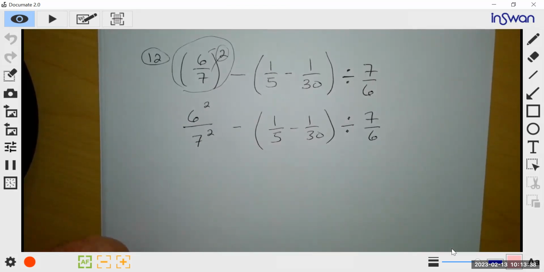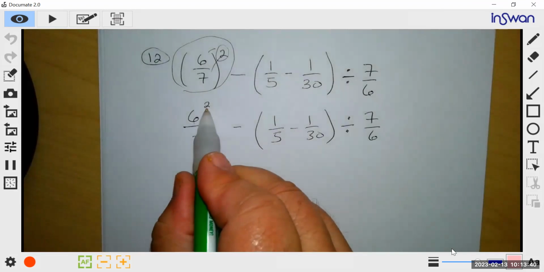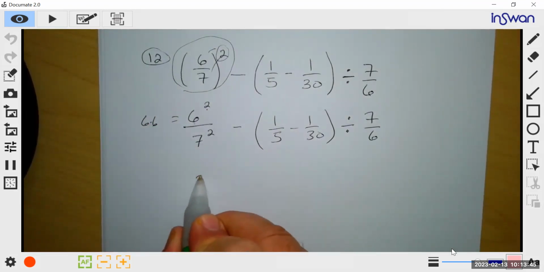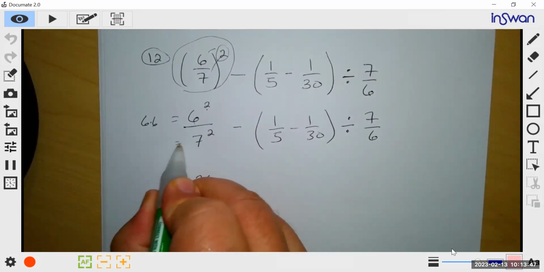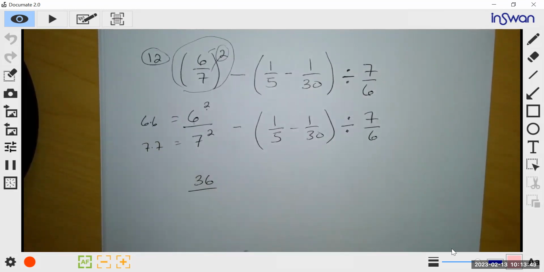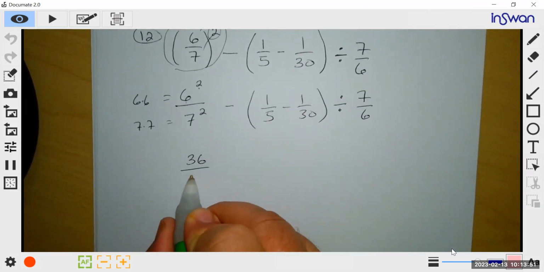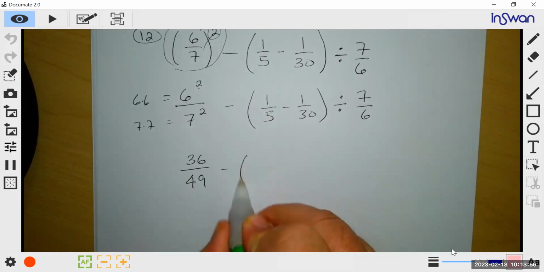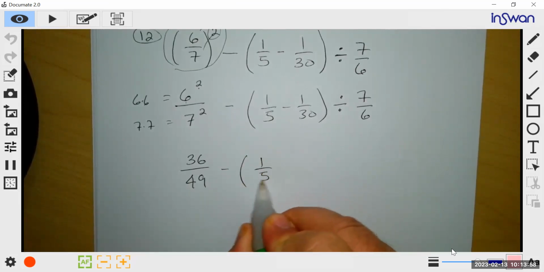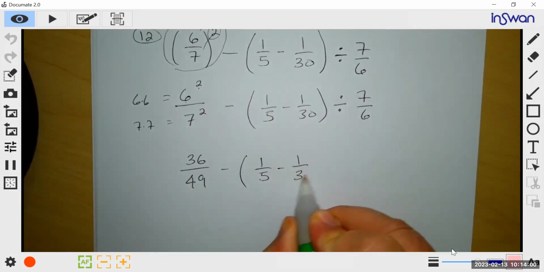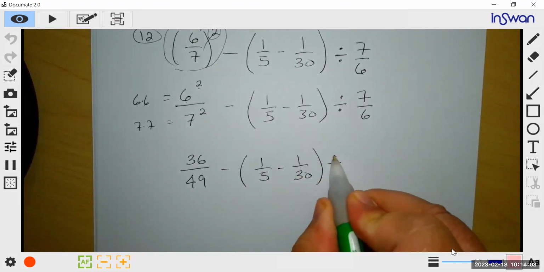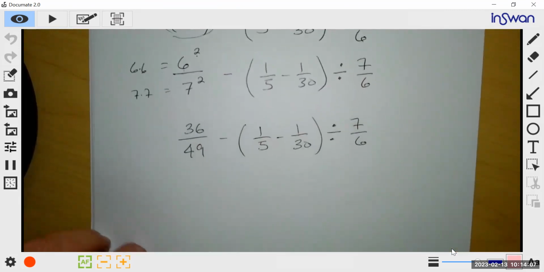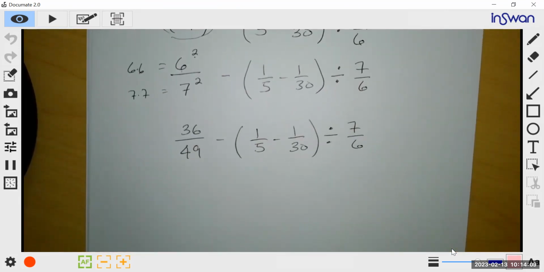Well, we're going to have to. 6 squared is what? 6 times 6 is 36. 7 squared is 7 times 7 is 49. Okay, so we did the special operation first, the exponents.